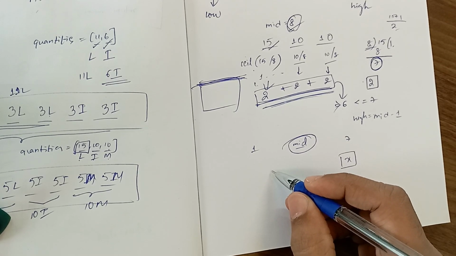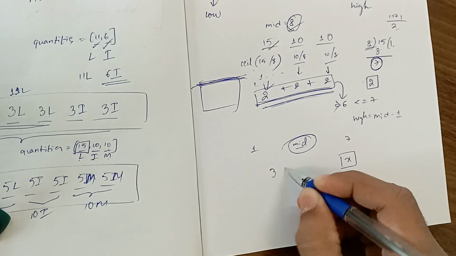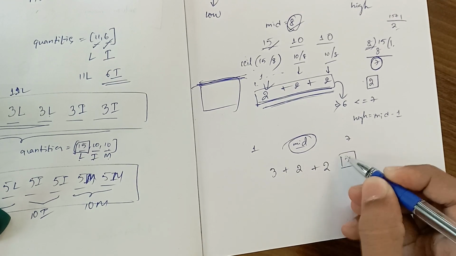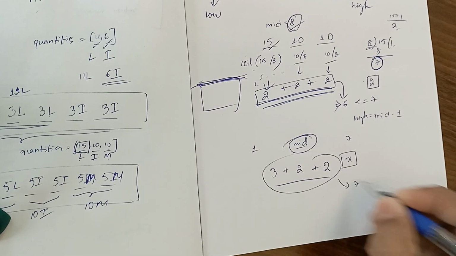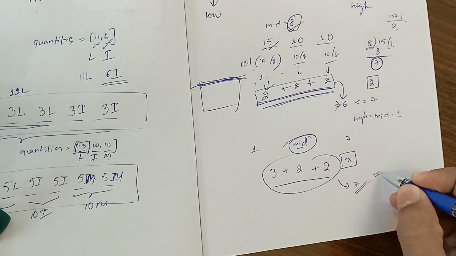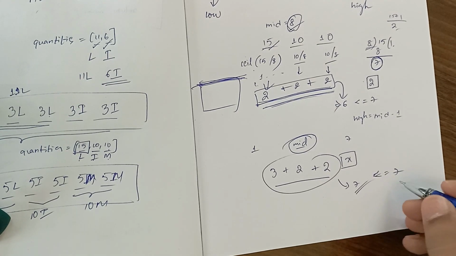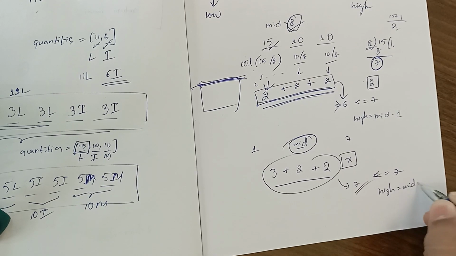If we get to the optimal one, we get 3 plus 2 plus 2. Here it is 7. So our x is 7. If it is less than or equal to n, we need to make high equal to mid minus 1.